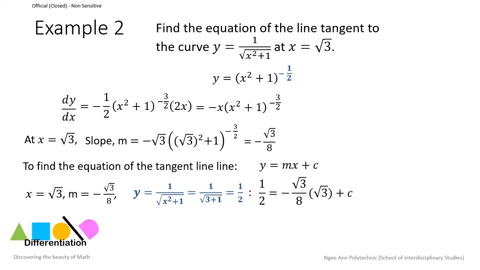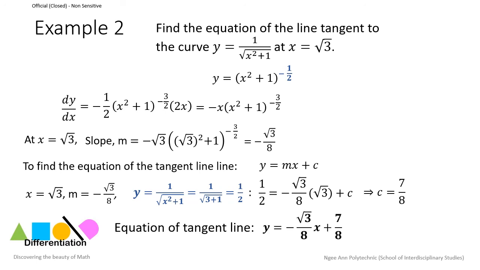So using all the information that we have, we can now obtain the value of c, which is the y-intercept of this tangent line, and we realized it's 7/8, and we put it back into the equation of our tangent line and express it as follows, as y equals negative root 3 over 8 x plus 7/8.